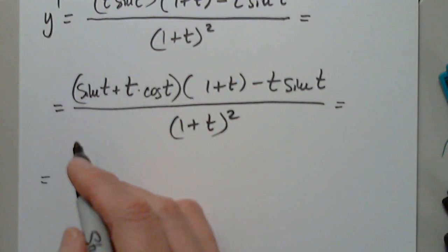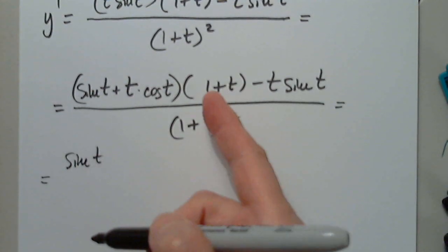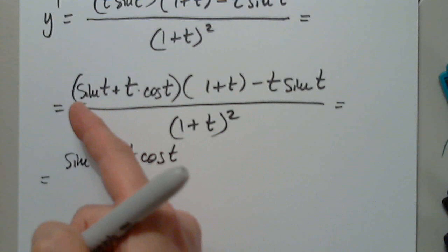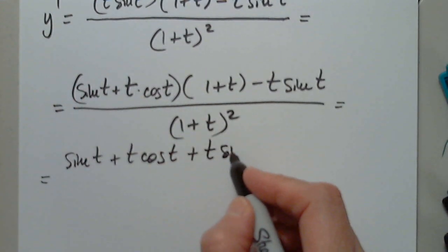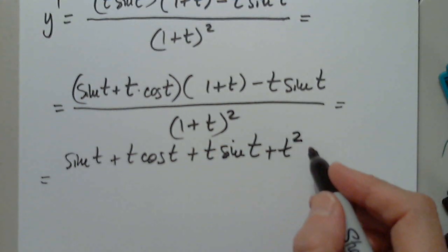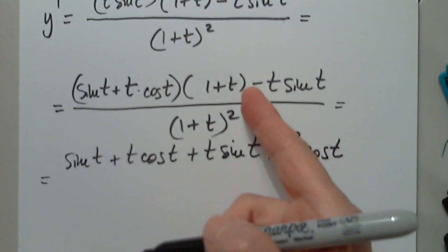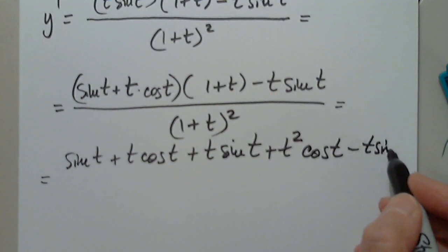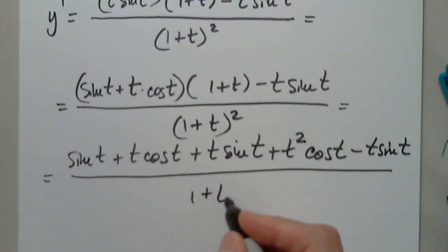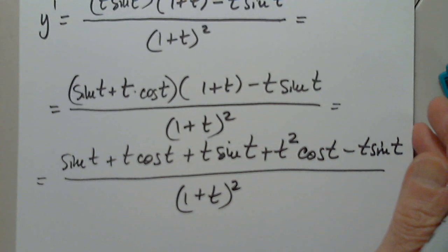So sine t plus t cosine t plus t sine t plus t squared cosine t minus t sine t over 1 plus t everything squared.